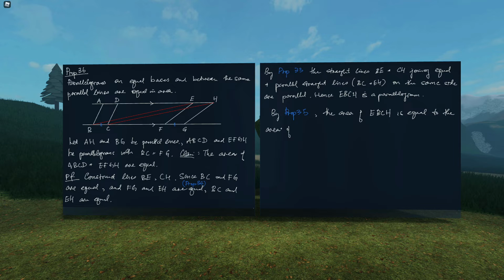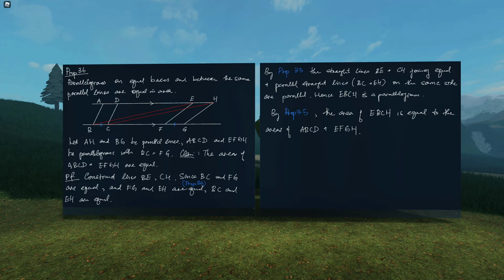Areas of ABCD and EFGH. So EBCH is the common parallelogram that shares a side. Oh yes, EFGH, that's what I meant.